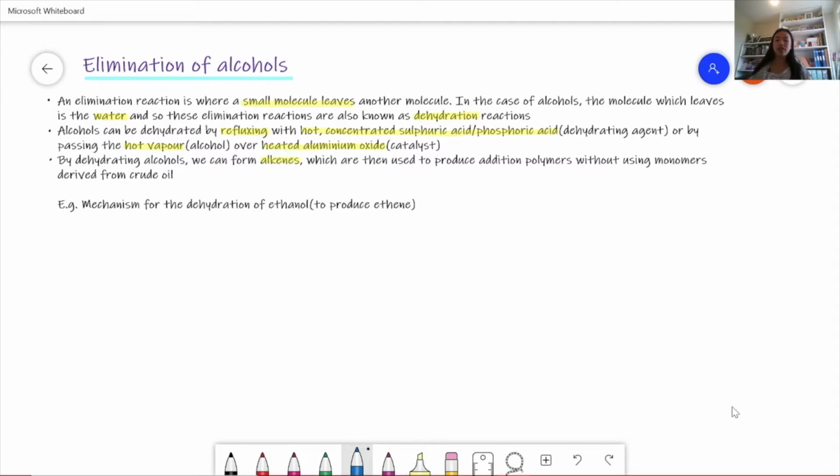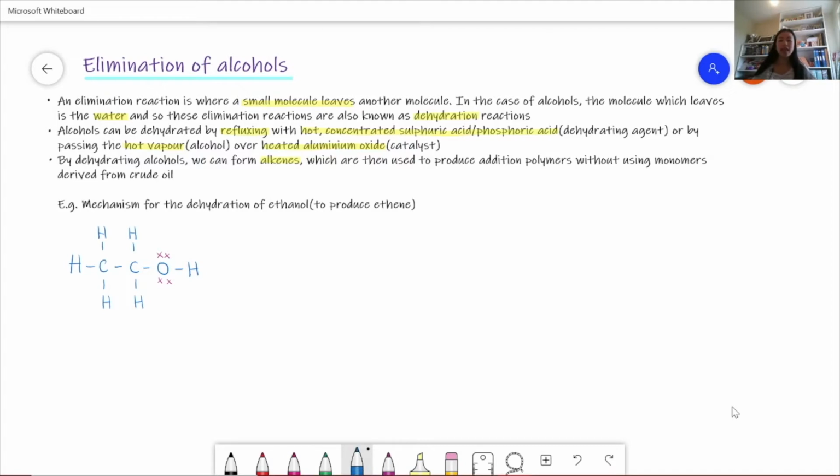So we start off with some ethanol. And then we draw in the two lone pairs of electrons on the oxygen, because it's only bonded twice and there's two lone pairs left.